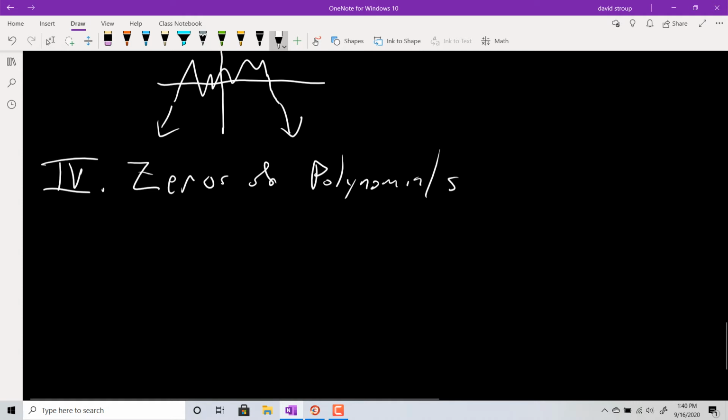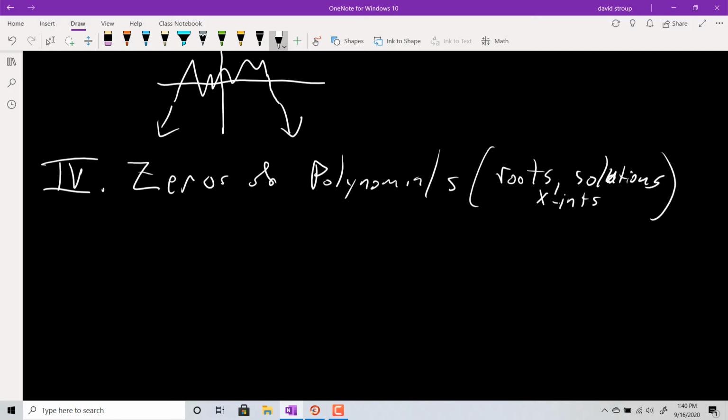Anyway, zeros of polynomials will be the next thing that's important, ultimately for graphing them. And what are zeros? Zeros are basically the roots, the solutions, or the x-intercepts. Those are the places where y equals 0.